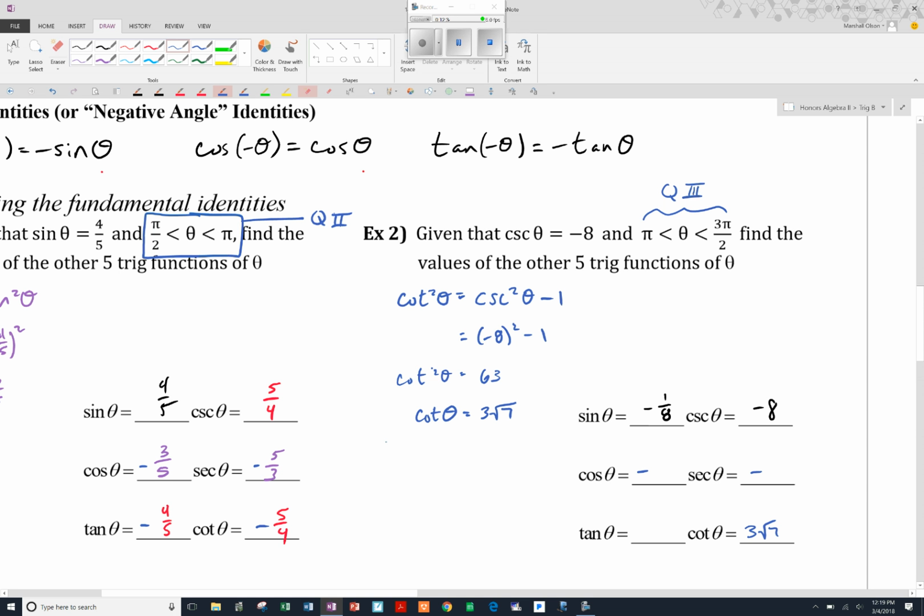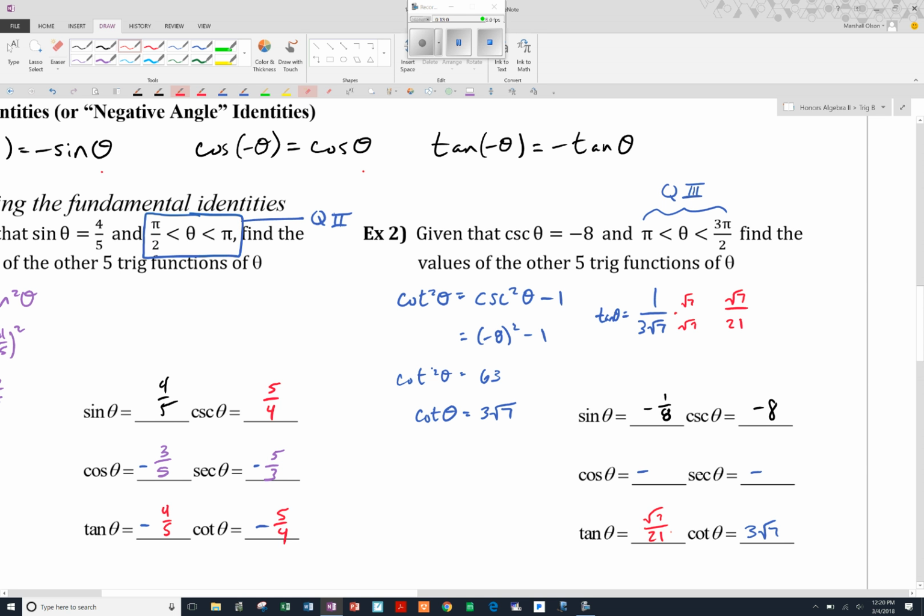Now if we find the reciprocal of that, 1 over 3 square root of 7, that's our tangent value. We'd have to rationalize by multiplying by the square root of 7. And that would give us the square root of 7 over 3 times 7, which is 21.